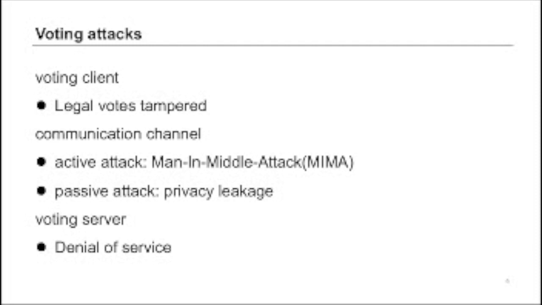Active attack means that the transmitted messages are tampered with or completely replaced, such as a man-in-the-middle attack. Passive attack means that the attacker only intercepts and analyzes the messages. This will cause a privacy leakage of the voters. This is not only a violation of voters' rights, but can also be a factor in the election result.